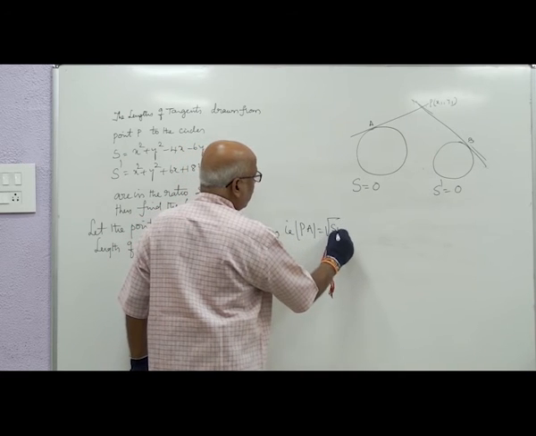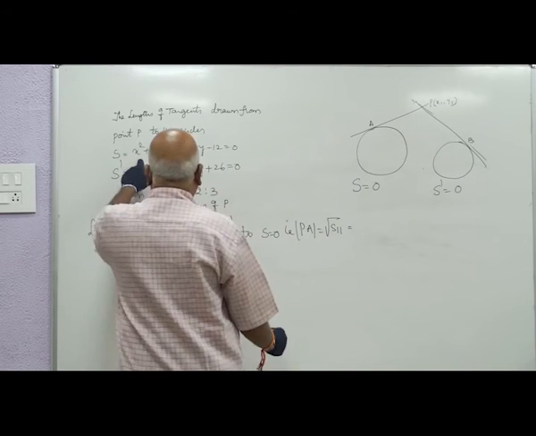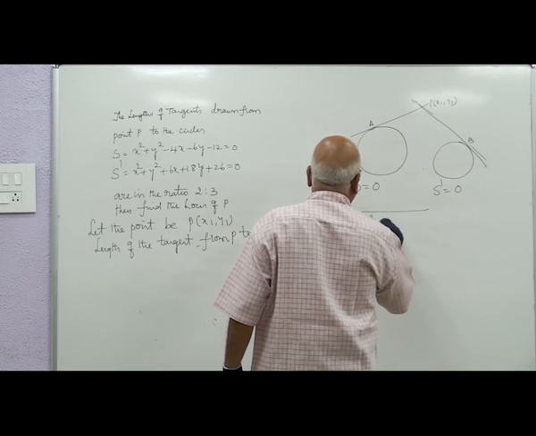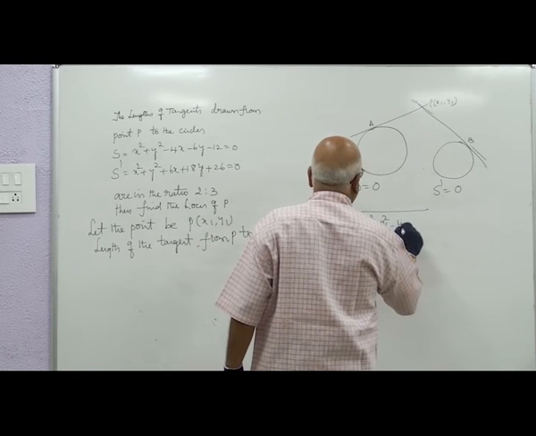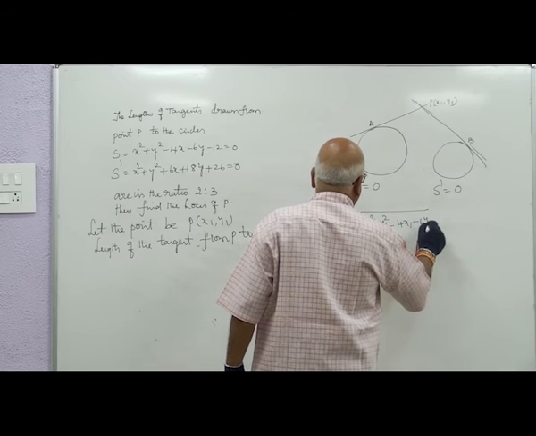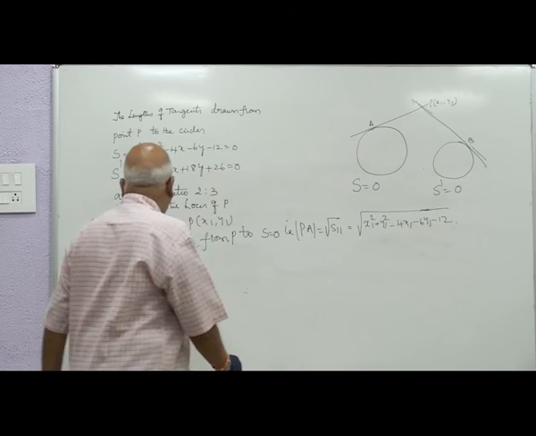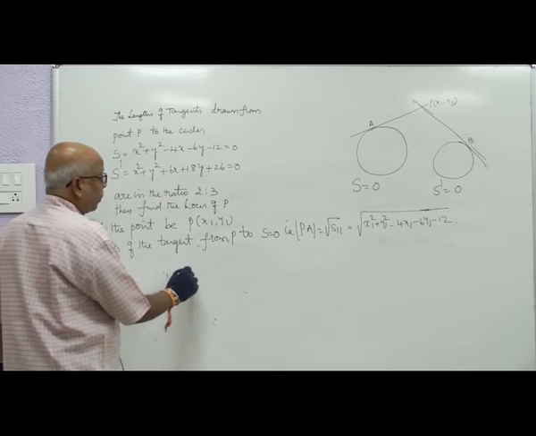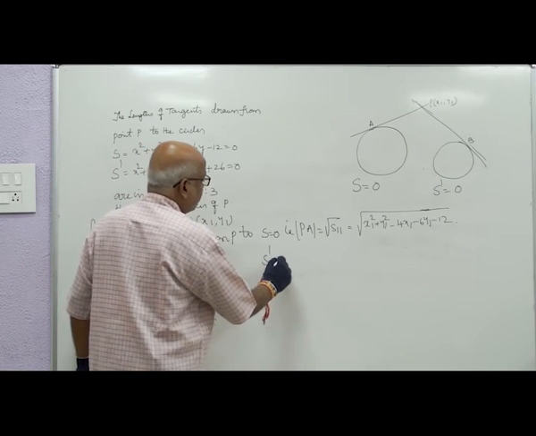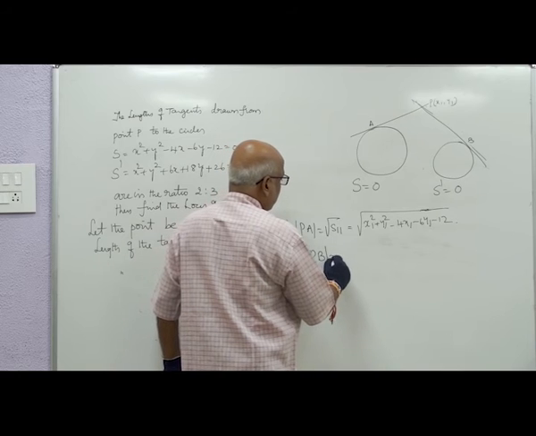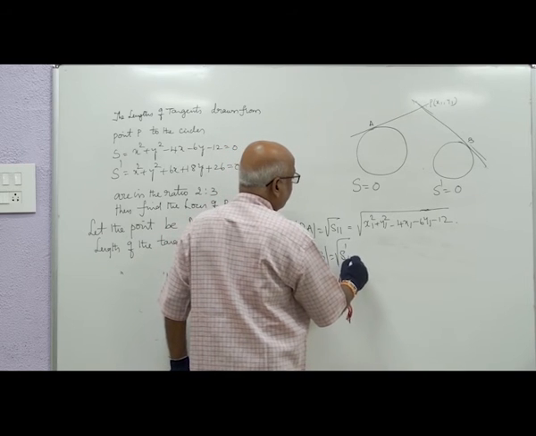Root S11. What is meant by root S11? Substitute here. x1 square plus y1 square minus 4x1 minus 6y1 minus 12. And length of the tangent from P to S dash equal to 0, that is PB, root S dash 11.